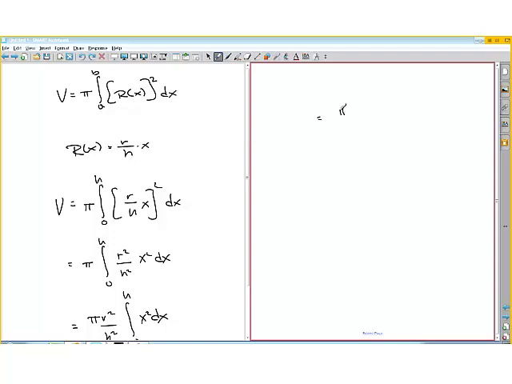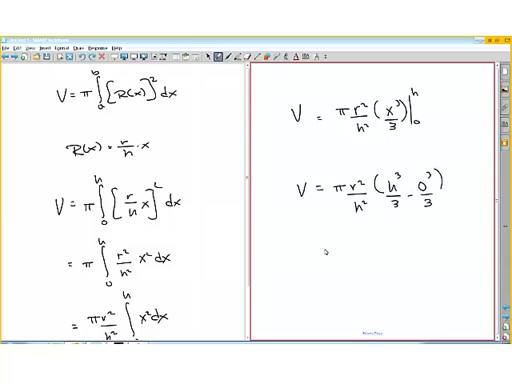And so the integral of x squared dx is x cubed over 3. So we get our constant, which is out front, and we get x cubed over 3 evaluated between the two limits, which are 0 and h. So we get pi r squared over h squared times h cubed over 3 minus 0 cubed over 3.